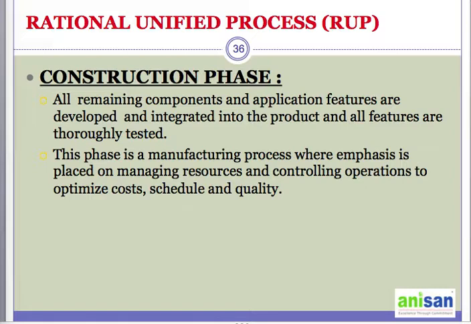Now the evaluation criteria which I was talking about: are all the stakeholders ready for the transition into the user community? During the construction phase, remember, if users are there, they must be trained. If users are not there, you have to hire them, train them, and put them in place. There could also be additional infrastructure you may need.